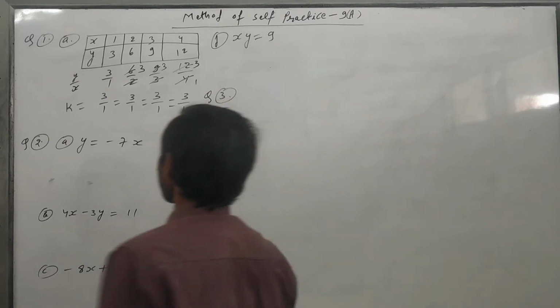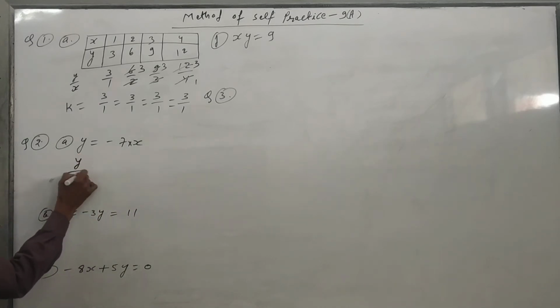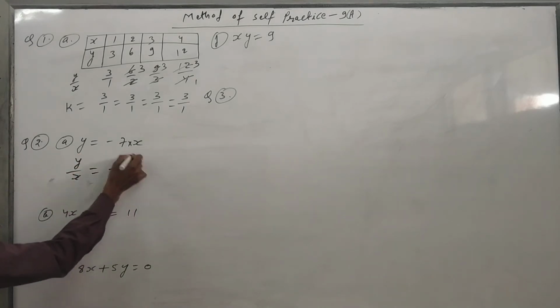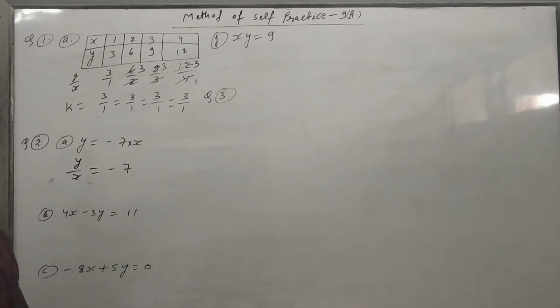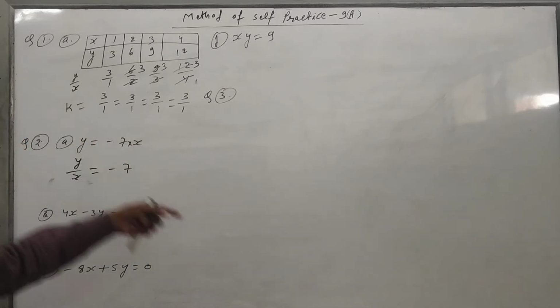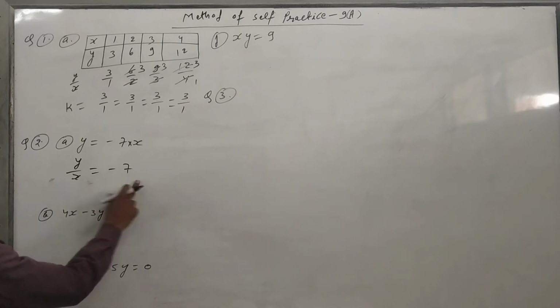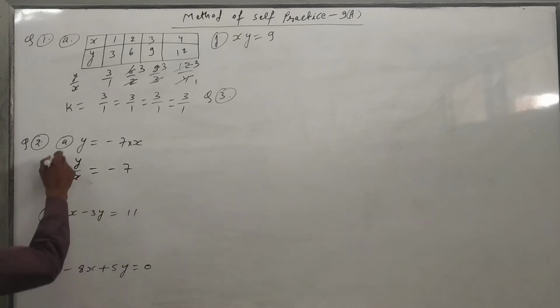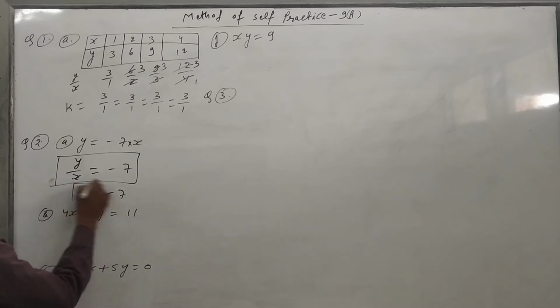Here there is a multiplication sign, so we transpose, and y upon x will come equal to minus 7. So it is constant only, so we can say that it is direct variation. If x increases, then y also increases. If x decreases, then y also decreases. So this is the direct variation. So the constant k is equal to minus 7. This is the final answer.